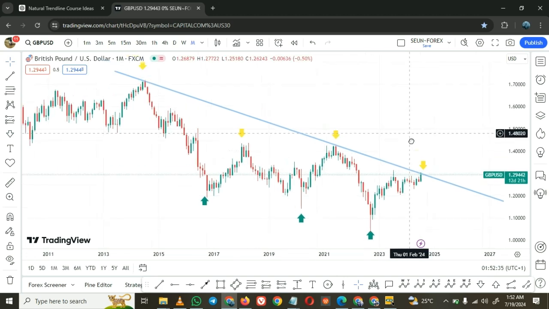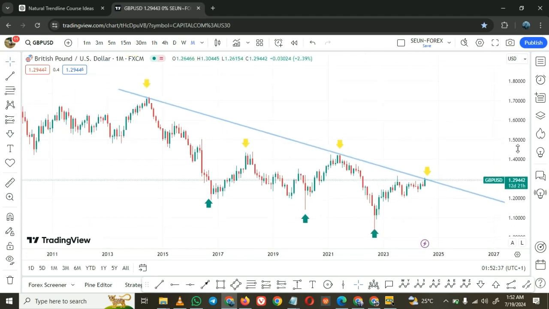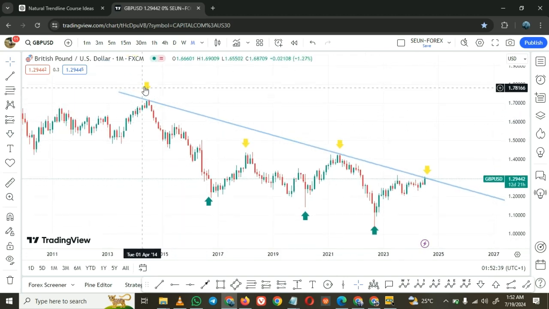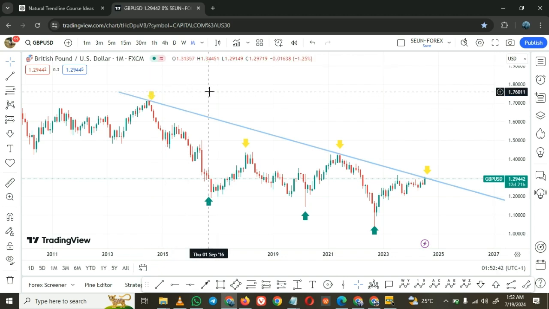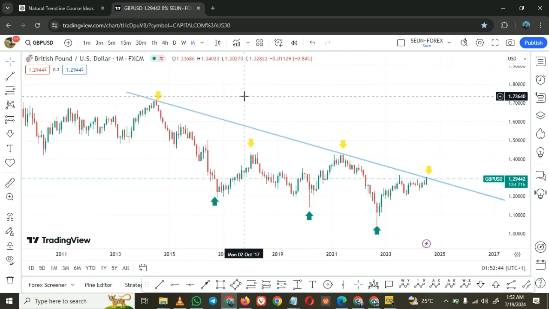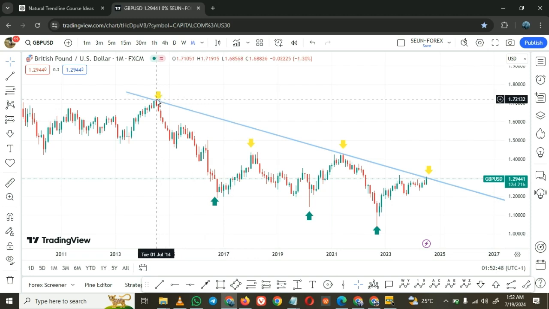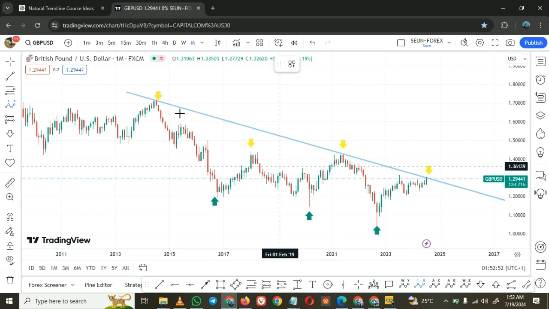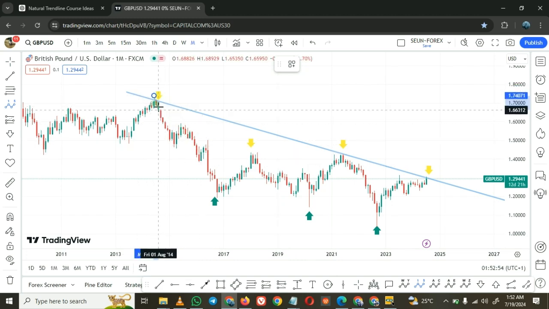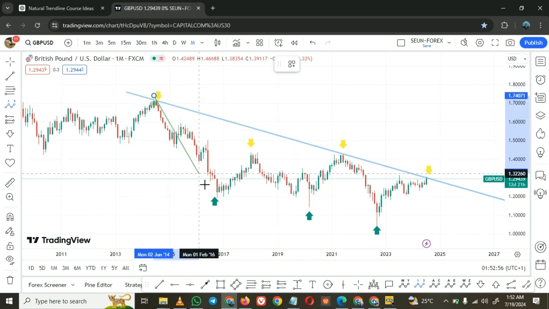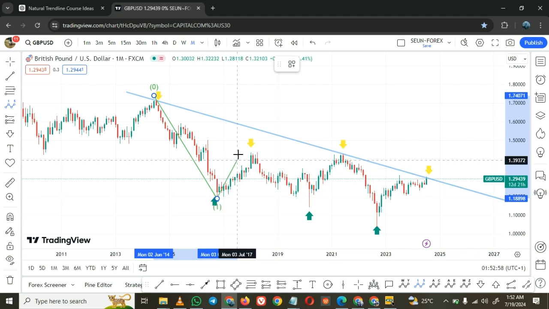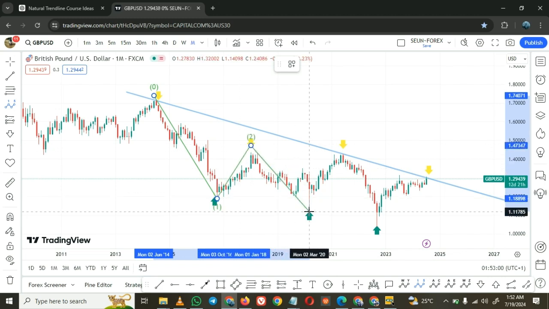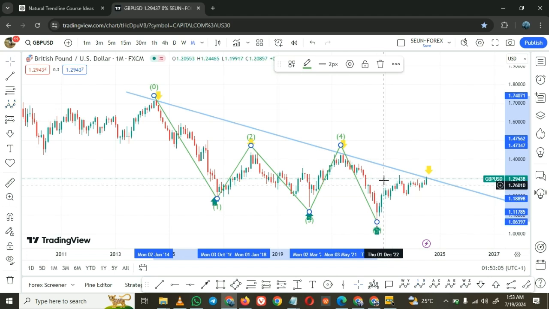So from this market structure I just picked, this analysis simply shows us that GBP USD has been selling since 2015, with lower high, lower low, lower high, lower low, lower high, lower low.